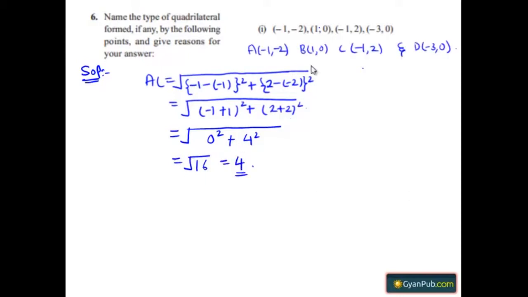Now let us take the points B (1, 0) and D (-3, 0).